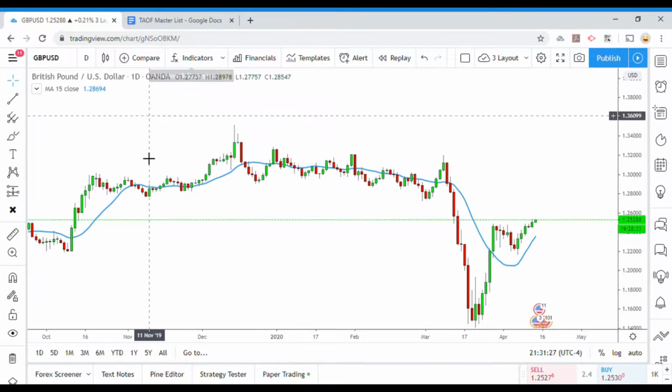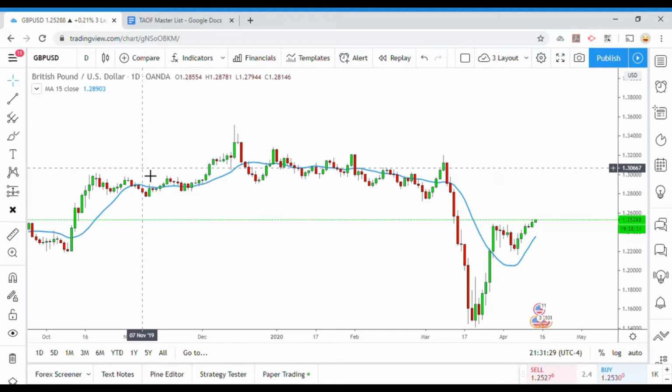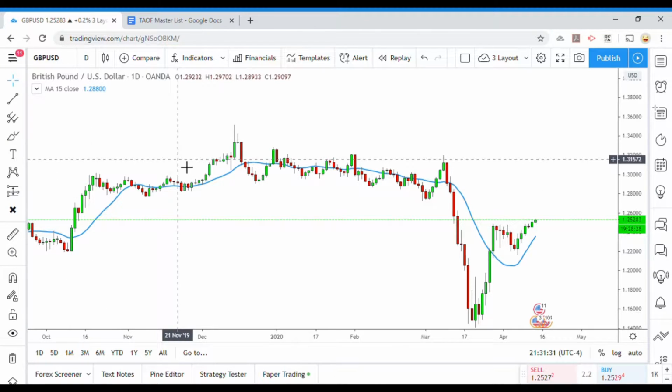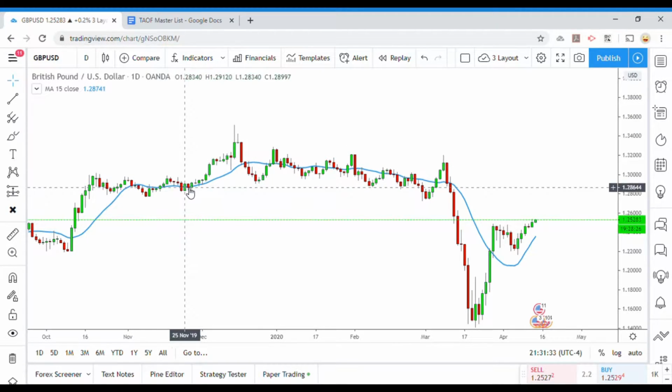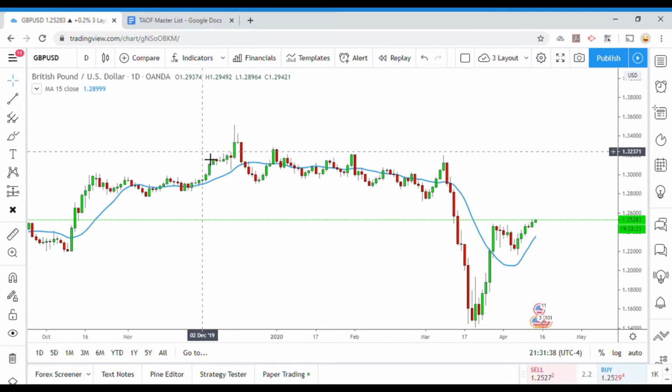Now, with that being said, there are quite a few different moving averages as well. You have just your standard everyday moving average like I have here, exponential moving averages, you have weighted moving averages, and so on. So, in this particular case, I'm going to use just your standard moving average.